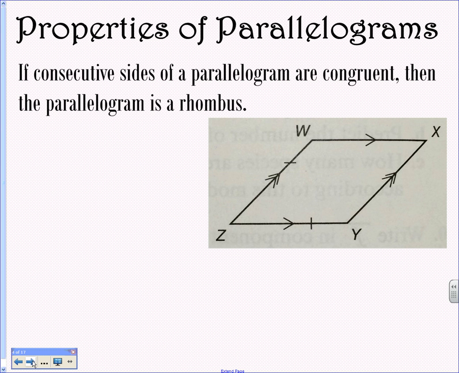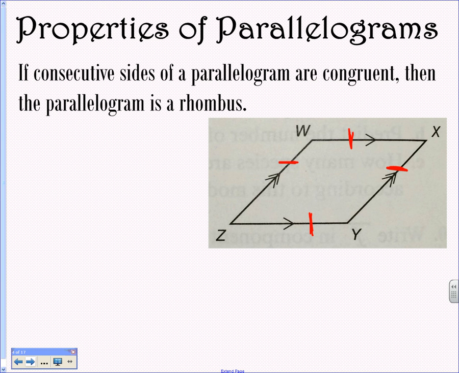What do we know about opposite sides of a parallelogram? Yeah, they are parallel. What else? They're congruent. And so, if this side is congruent to that side, what do we know about these two sides? So this side has to be congruent to that side. So what just happened?